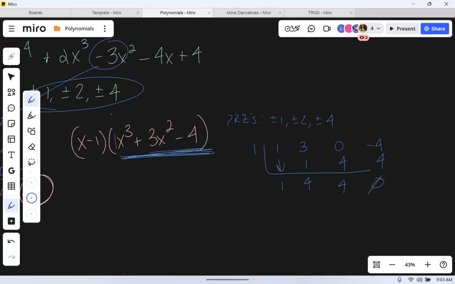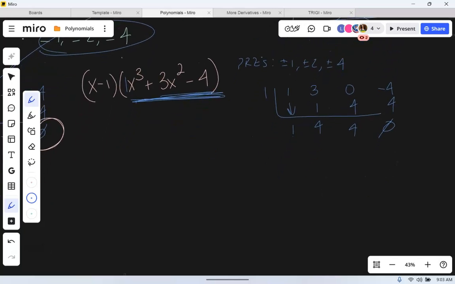Otherwise we would try the next one. Like if I tried -1, I drop it, multiply it, add it, multiply it, add it, multiply it, and I get -2. I know that's not a factor. And I keep trying until I find one that works.